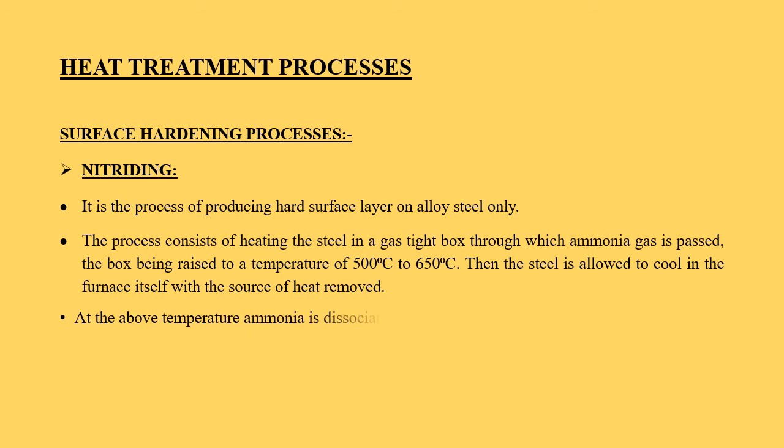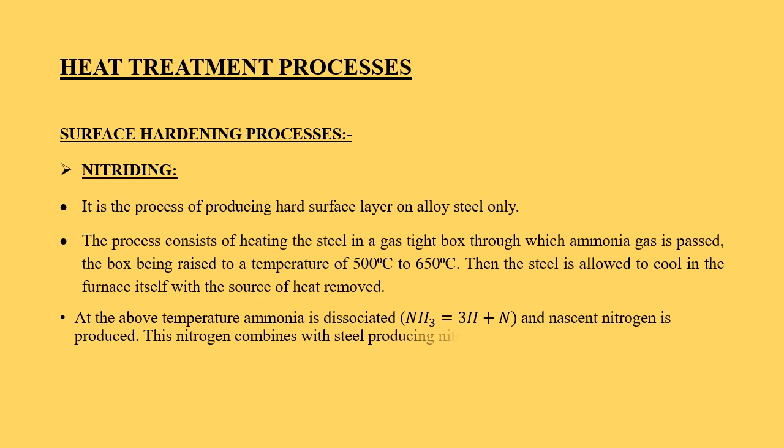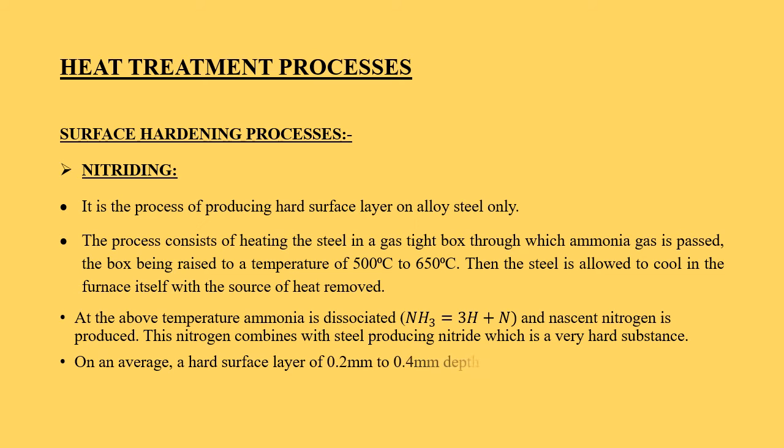At this temperature, the ammonia is dissociated and nascent nitrogen is produced. This nitrogen combines with the steel, producing nitride, which is a very hard substance. On average, a hard surface layer of about 0.2 mm to 0.4 mm depth is produced in 50 hours.